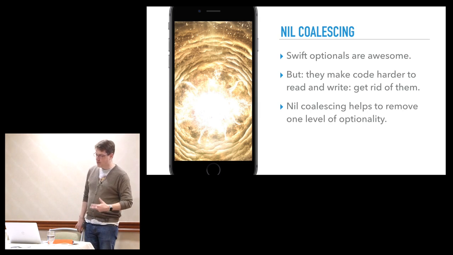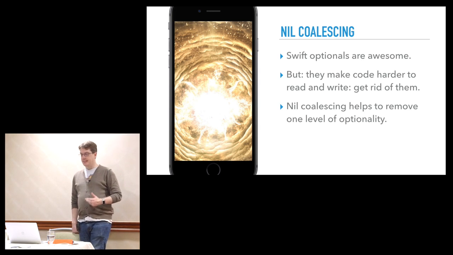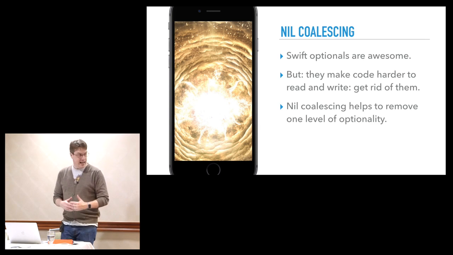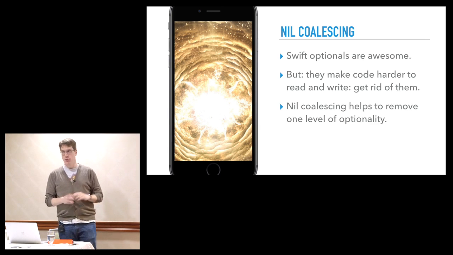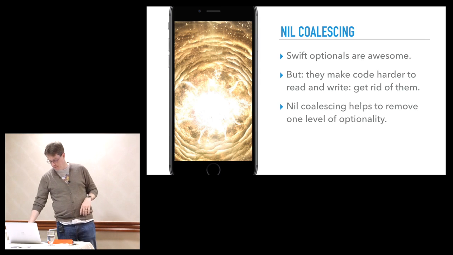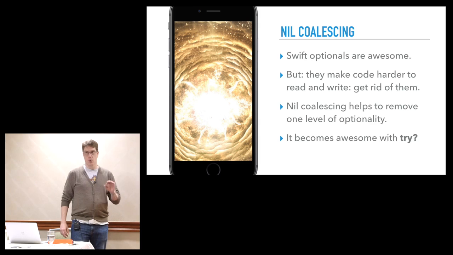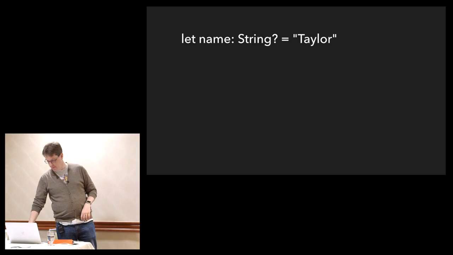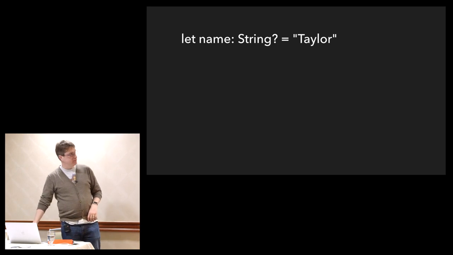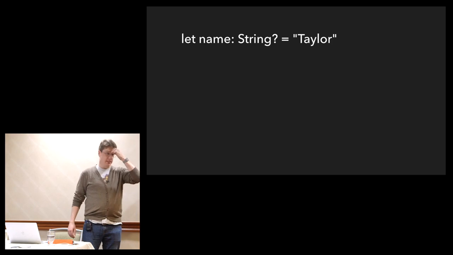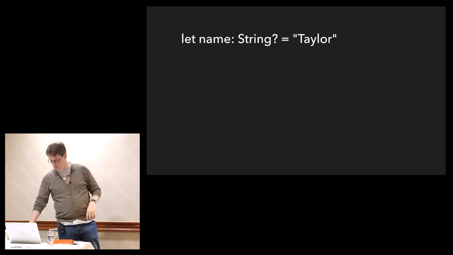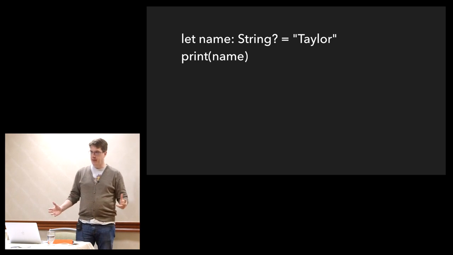Nil coalescing only really has one job, which is to remove one level of optionality for you automatically, which is great. And it really comes into its own with try question mark. So for example, let name be an optional string, Taylor. Print the name.